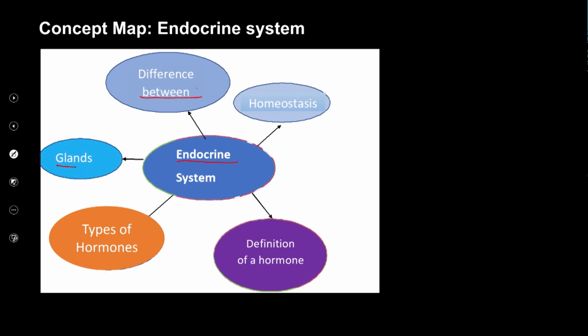We're going to look at all the glands that are in the endocrine system and the types of hormones that they secrete and what is really a hormone. And then we'll continue with this section when we understand the difference between endocrine system, exocrine system, glands, their secretions, and what hormones are.